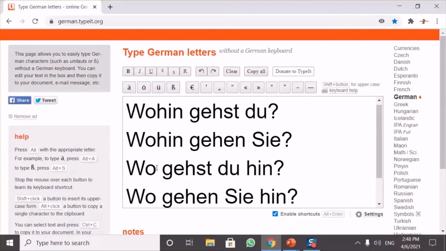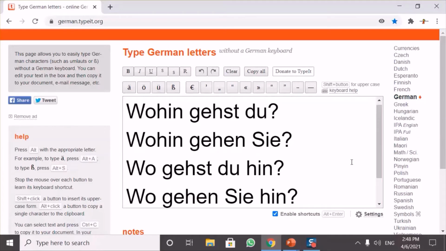Now, even though I mentioned that wo on its own means where and is used in German to talk about location and not movement or direction, note that the word hin is still in this question. So this is not a question with the question wo, but it still is a question with wohin.